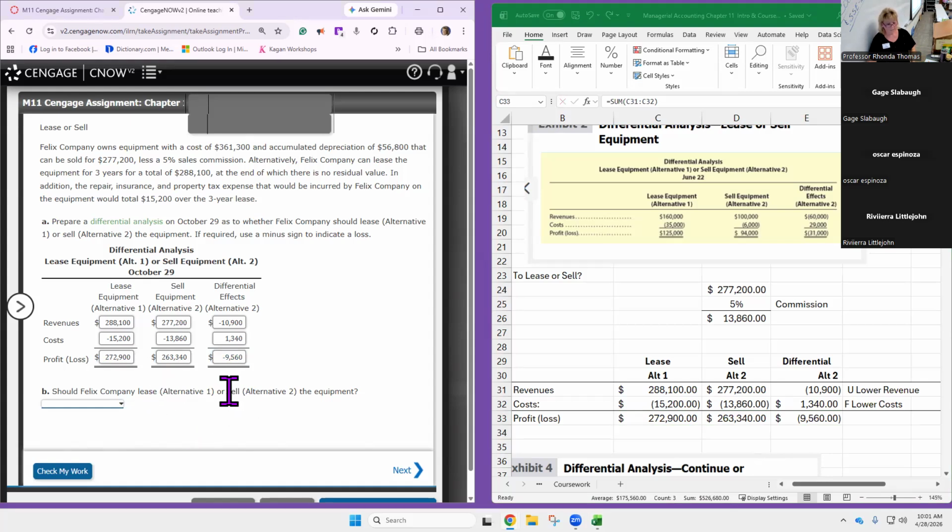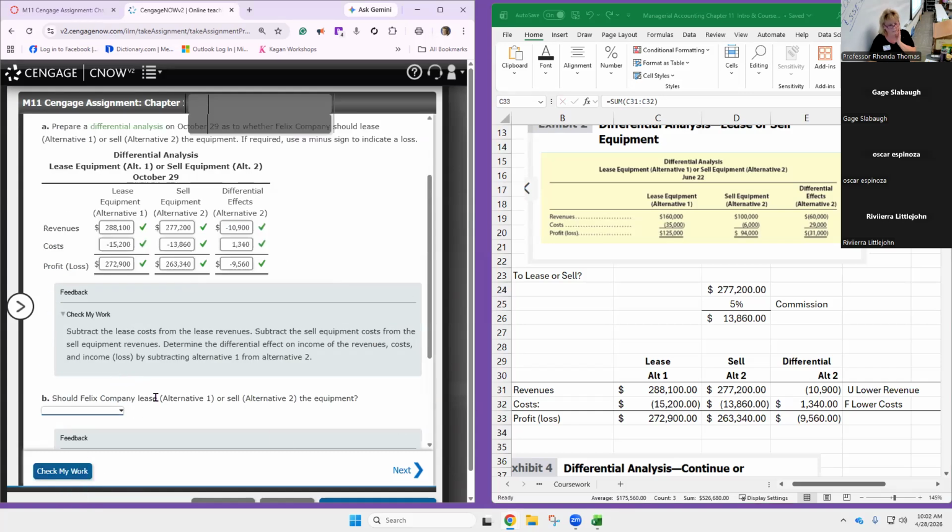This means the sale alternative compared to the lease ends up with a loss when we do the differential.